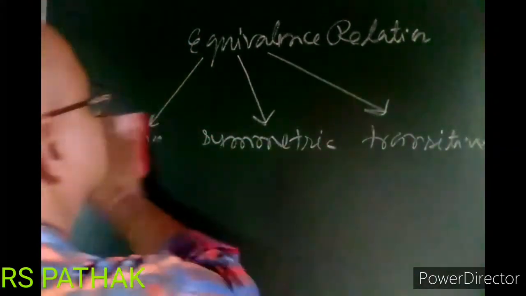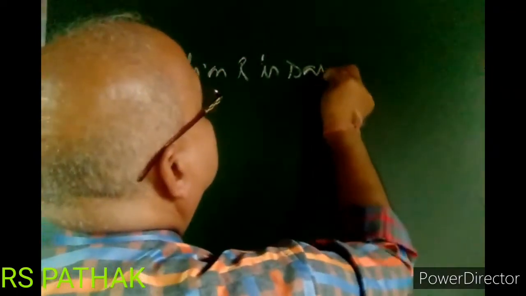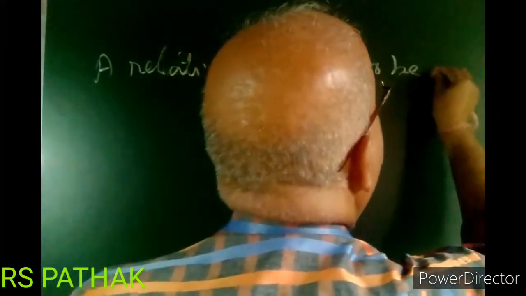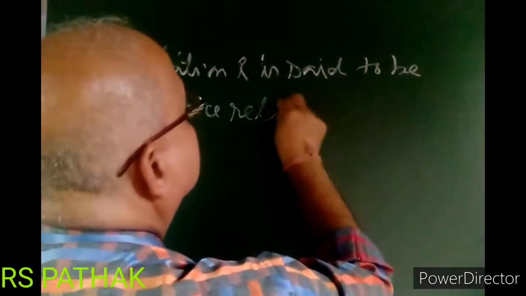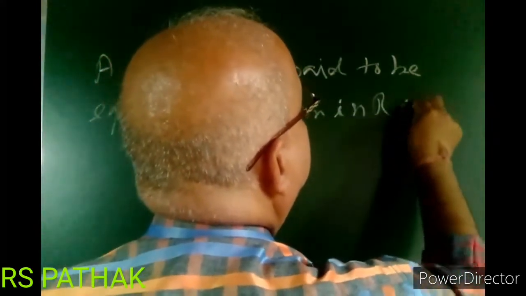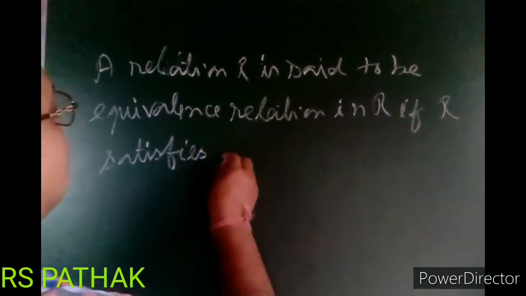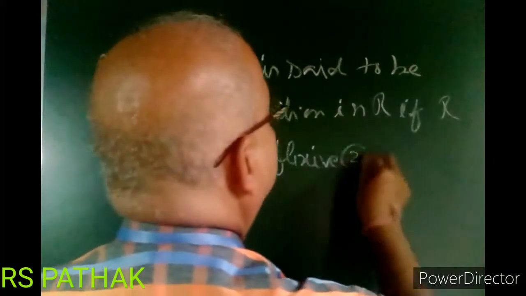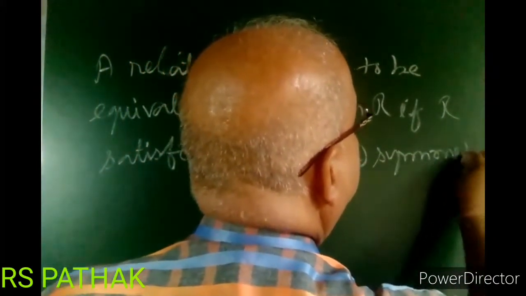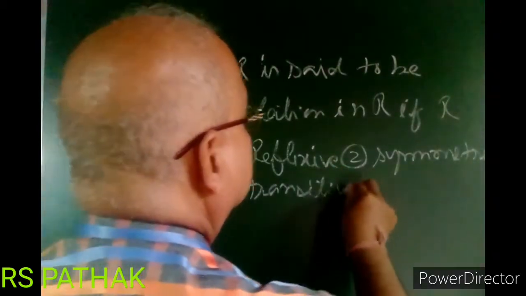It can be defined as: a relation R is said to be an equivalence relation in R if R satisfies one, reflexive; number two, symmetric; number three, transitive.